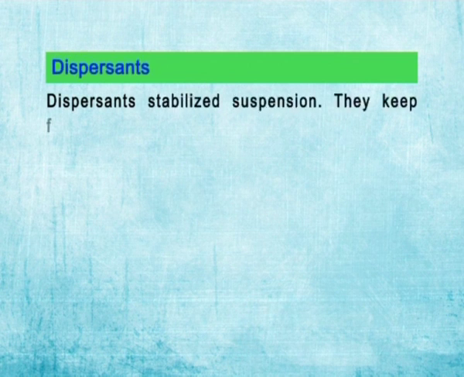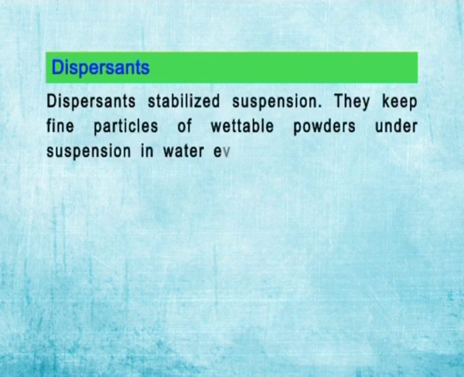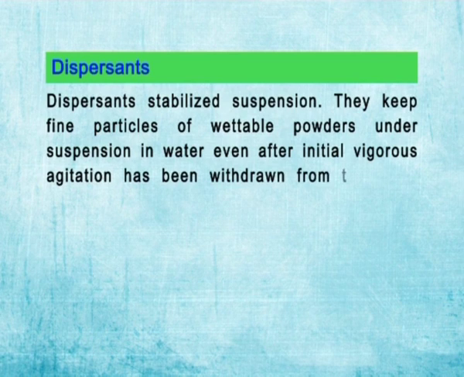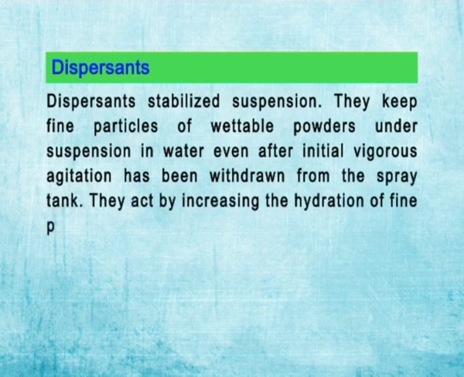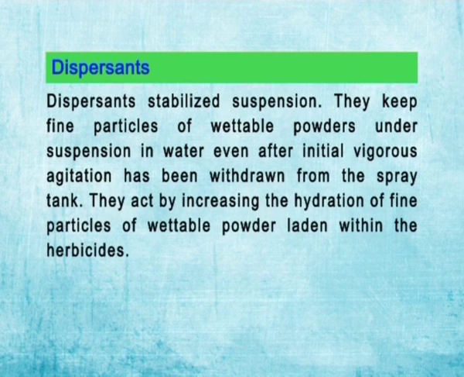Dispersants stabilize suspension. They keep fine particles of wettable powders under suspension in water even after initial vigorous agitation has been withdrawn from the spray tank. They act by increasing the hydration of fine particles of wettable powder laden within the herbicides.